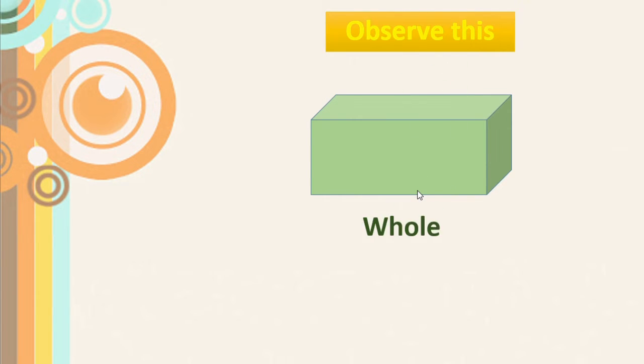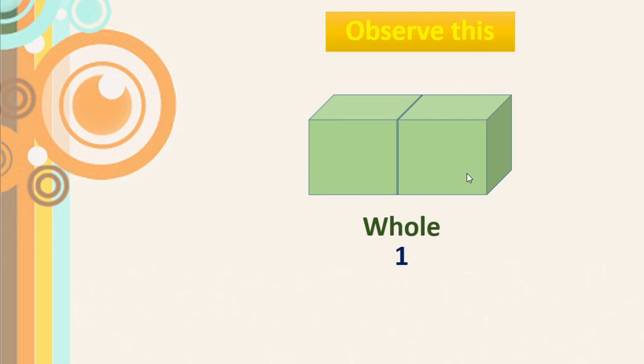Okay. Now observe this. Now this is a box. Rectangular box. Isn't it? We will cut this box in 2 parts. Exactly in the middle we will cut this. This is called whole, means one piece. Now we will try to cut this in the middle. See here, I have made this in 2 pieces.